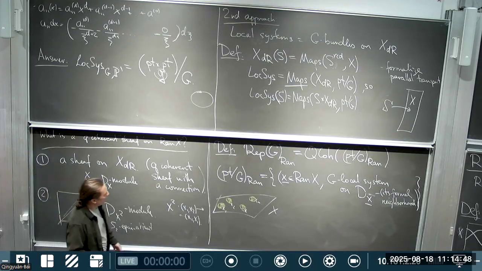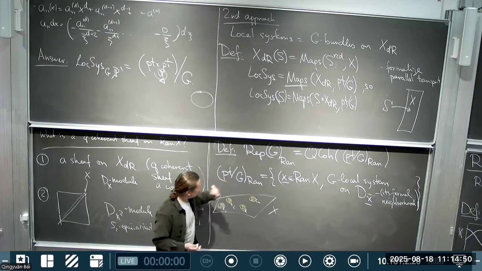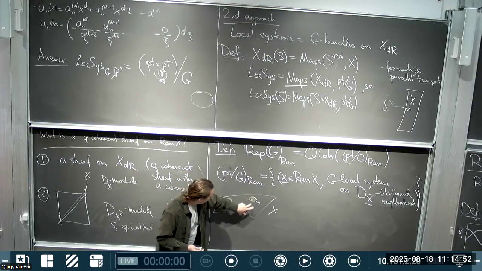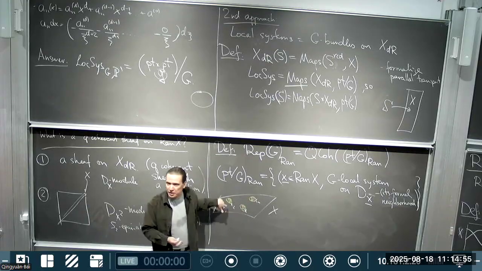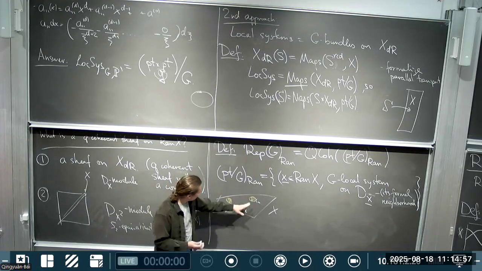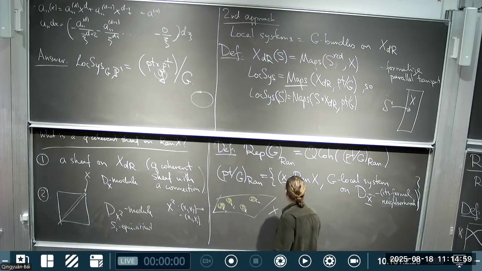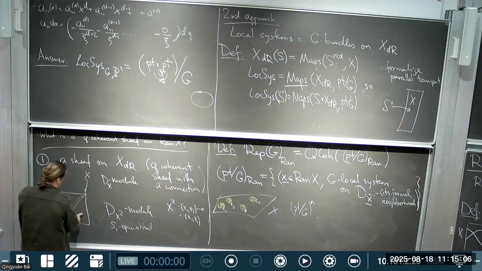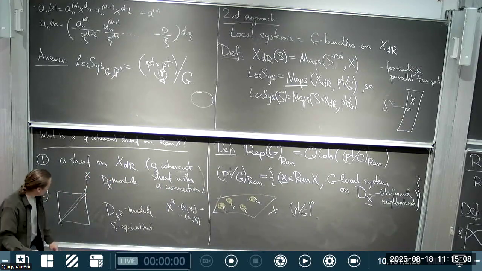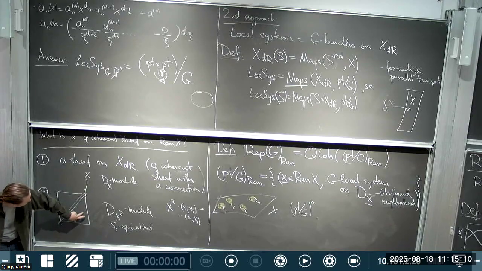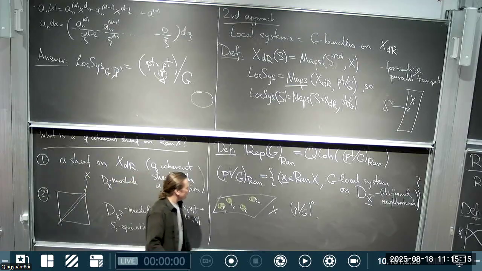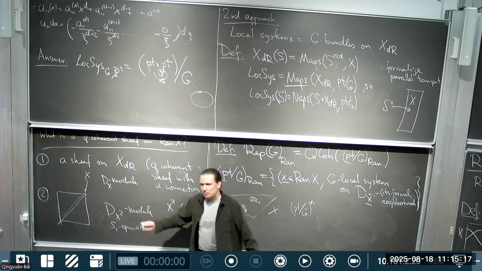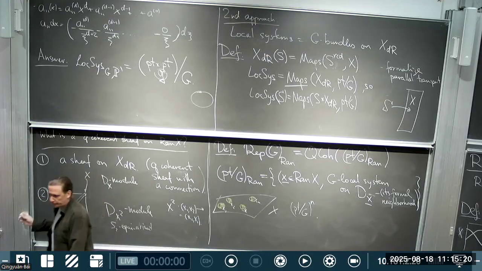And then we have an object sitting over the Ran space, which over each individual point is very much understandable. This thing really looks like point mod G to the power n. But as the points approach each other, as for example on this picture, as we approach the diagonal, then our two copies of G become a single copy of G.